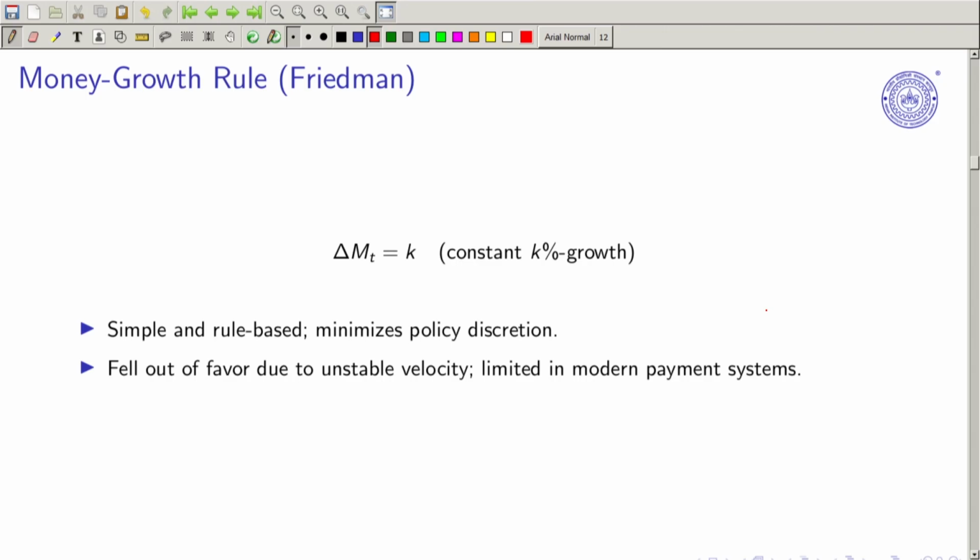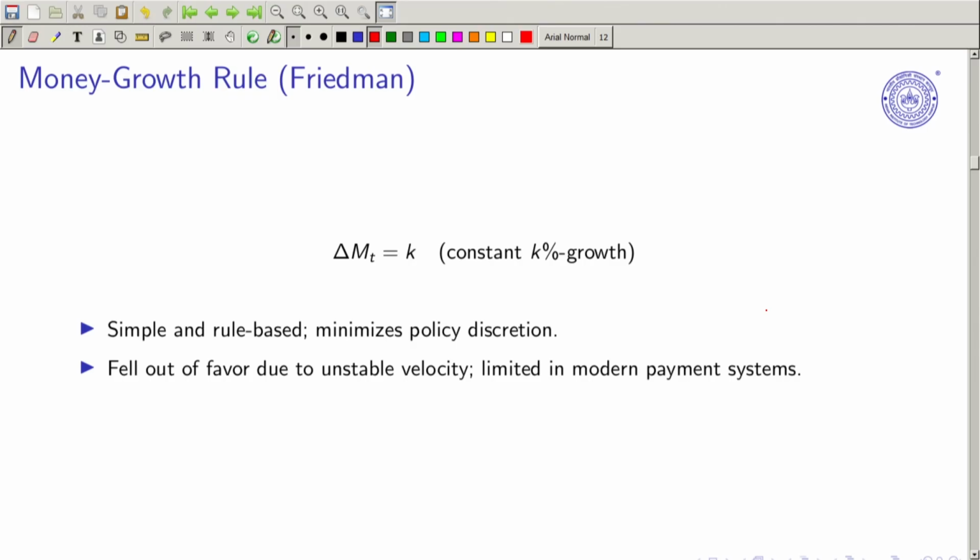So it is simple and rule based, and he also mentioned that there should be a target every year for how much money supply we should inject into the economy. If the money supply injection rate exceeds inflation, it means that it is good. If the money supply increase leads to more inflation, then we'll have to think about cutting down. So this was the idea.